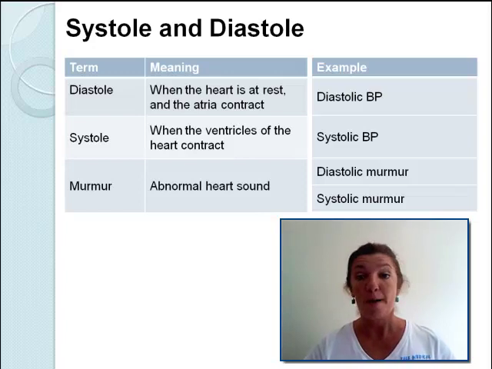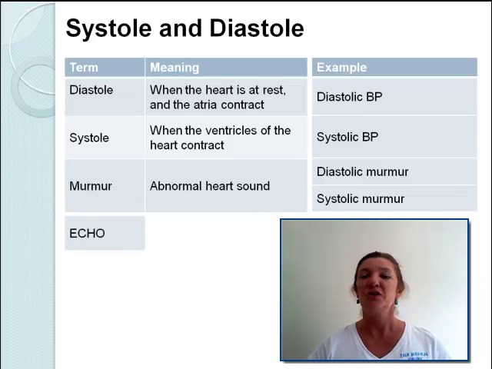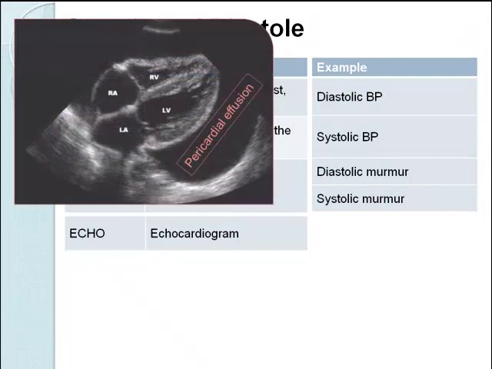With regards to murmurs, one way of confirming a murmur and seeing exactly what's going on is to use an echo. An echo is an echocardiogram, and this is an ultrasound of the heart. We looked at this picture earlier, showing us the chambers of the heart and the pericardial effusion, the fluid that had got into the pericardium around the heart.